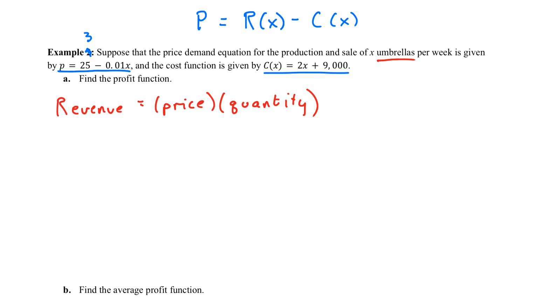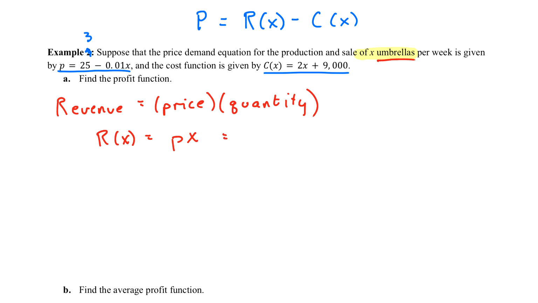So we're going to take the price of the thing we're selling and multiply it by the quantity, the number of things that we sell. To shorten this up, my revenue function R of X is equal to price. How about we call that P, because we have a price demand equation right here. So P times the quantity, well, X represents the quantity, X umbrellas. So I essentially just have R of X equals P times X.